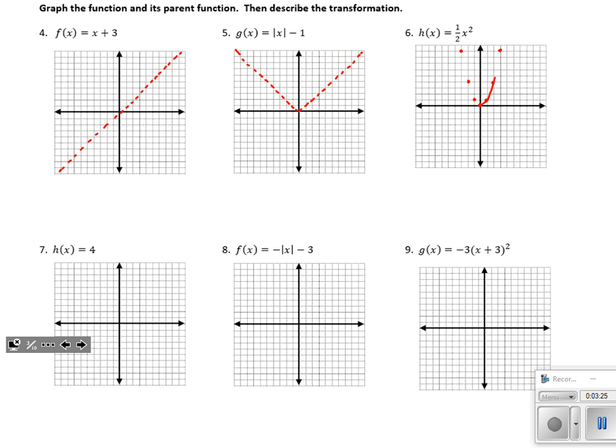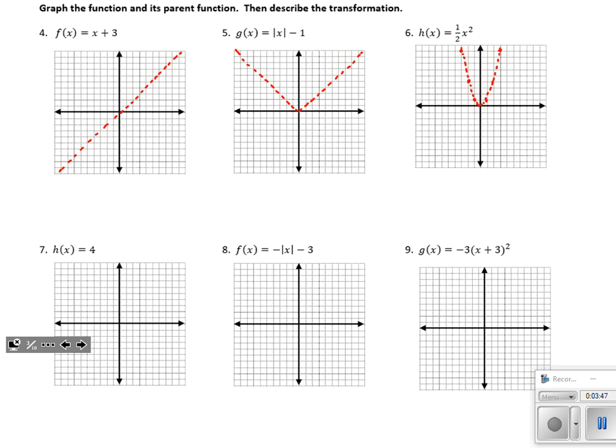Oh, shoot, I should make that a dashed one. Vertex is at the origin, and then we move away from that origin over 1, up 1 squared, over 2, up 2 squared, over 3, up 3 squared, and so forth, giving us a nice U-shaped graph.